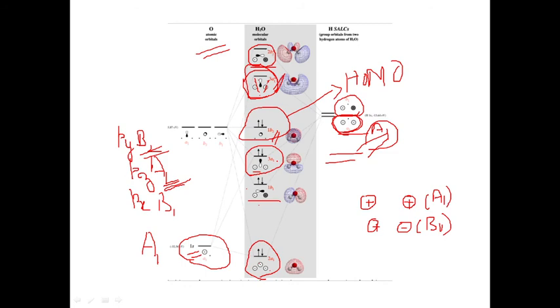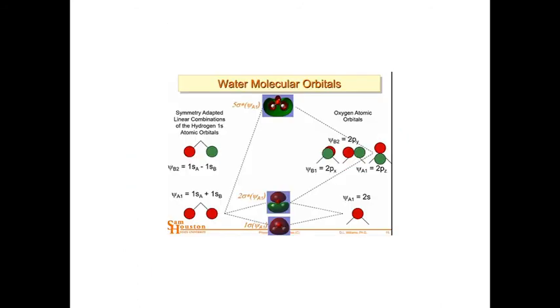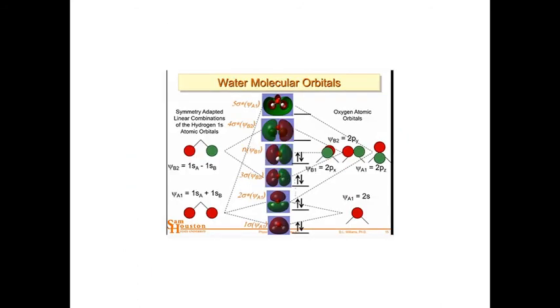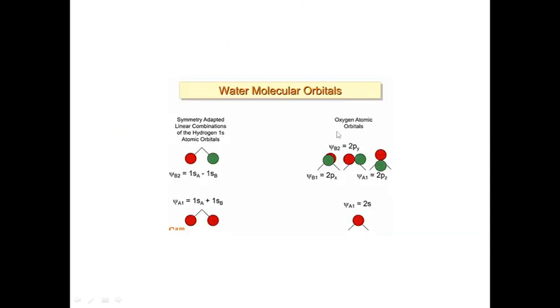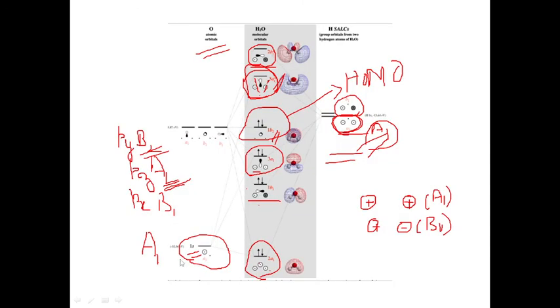So, what we have to know is how to construct the molecular orbital. First of all, the SALCs of the atomic orbitals of hydrogen have to be derived, and those SALCs are going to combine with the valence orbitals of the oxygen, and they are going to form the molecular orbitals. The orbitals of the same symmetry are going to match.